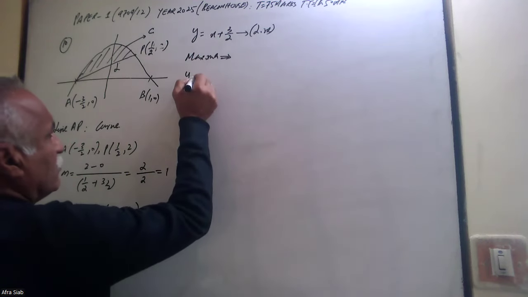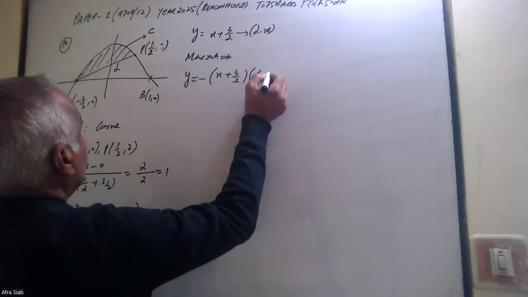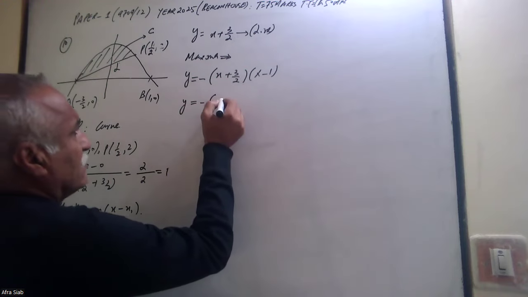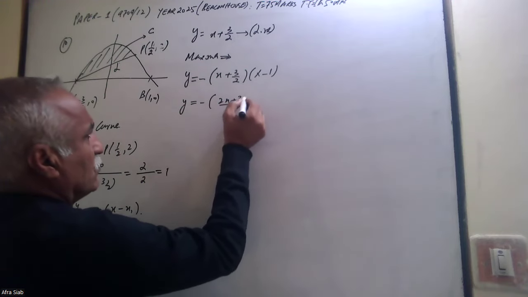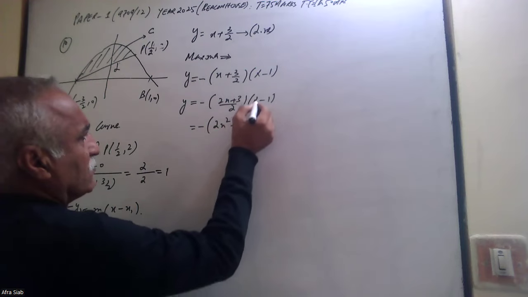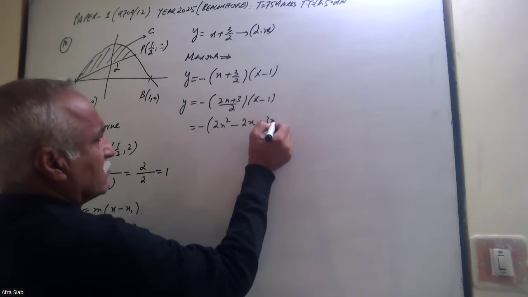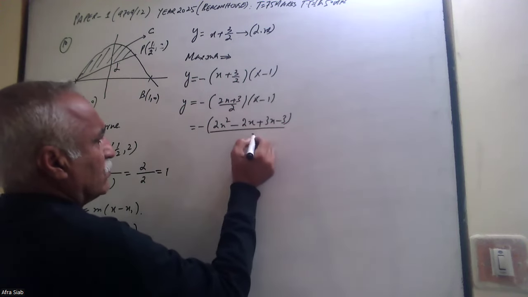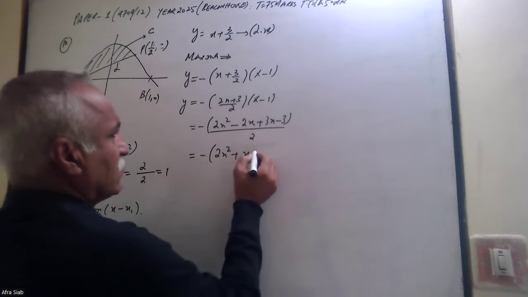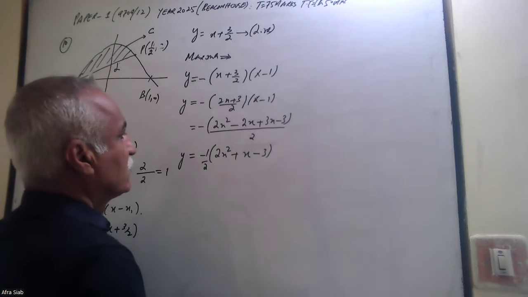So equation of the curve will be y equals minus 2 into x plus 3 over 2 into x minus 1, which is equal to minus 2 into 2x square minus 2x plus 3x minus 3 over 2, which is equal to minus 2x square minus x plus 3. That is the equation of this curve.